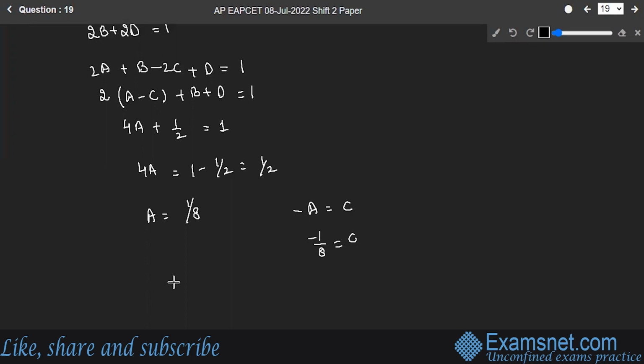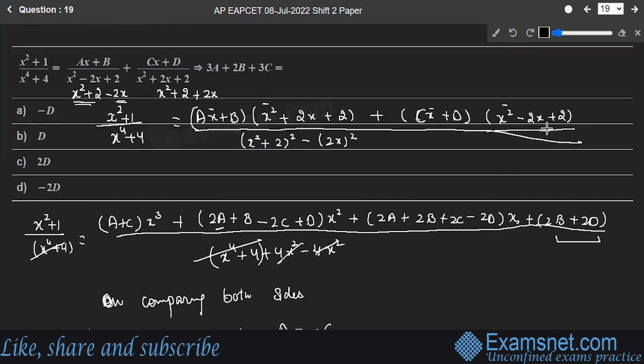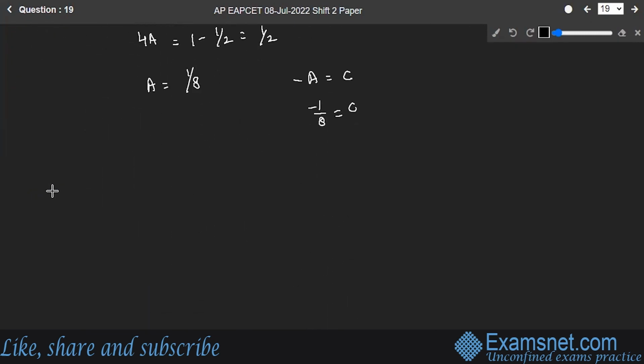We only need the value of b now. Let's pick up the third equation, this one. The coefficient of x is not available on the LHS. So 2a + 2b − 2c − 2d is equal to 0. And a we calculated as 1/8.